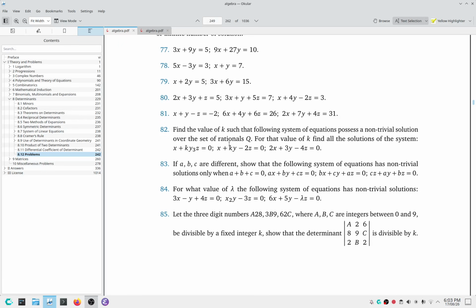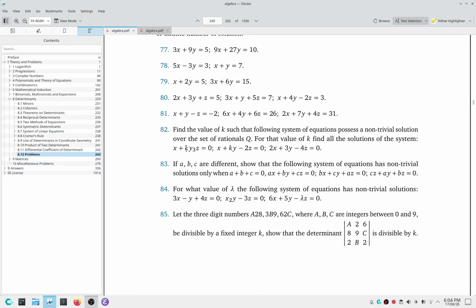Now question 82 says to find the value of k such that the following system of equations possesses a non-trivial solution over the set of rationals Q. For that value of k, find all the solutions of the system.